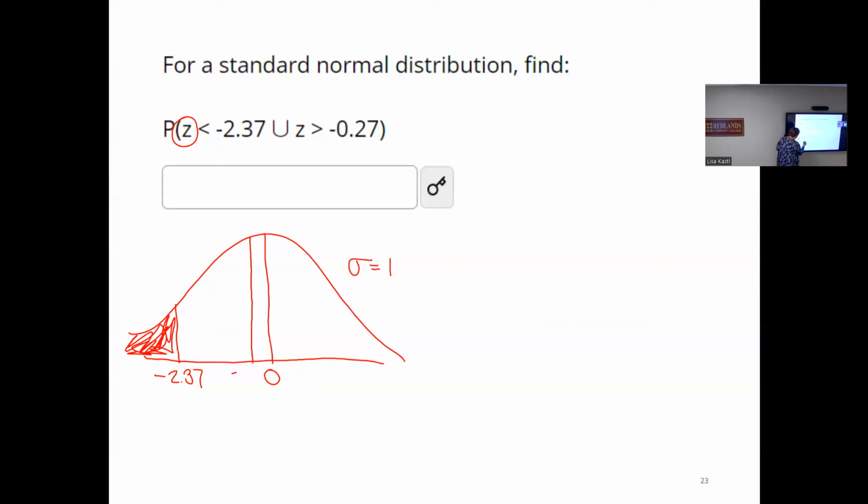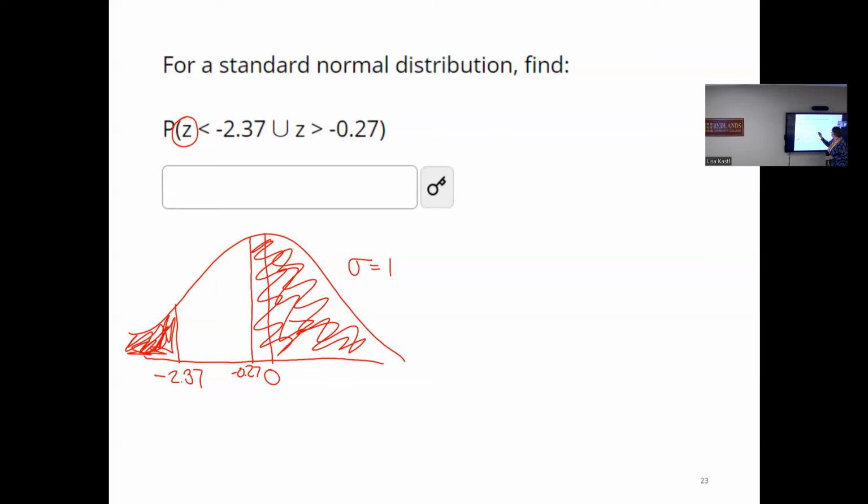I'm sorry. Greater than would be the area to the right. And what your calculator finds is those areas. That is what it's finding. Area is probability. So to find the probability that Z is less than negative 2.37 or it's greater than negative 0.27, we're going to add those two probabilities together.